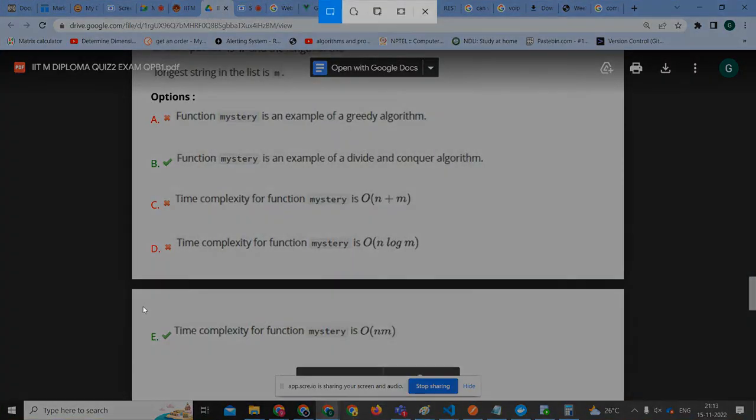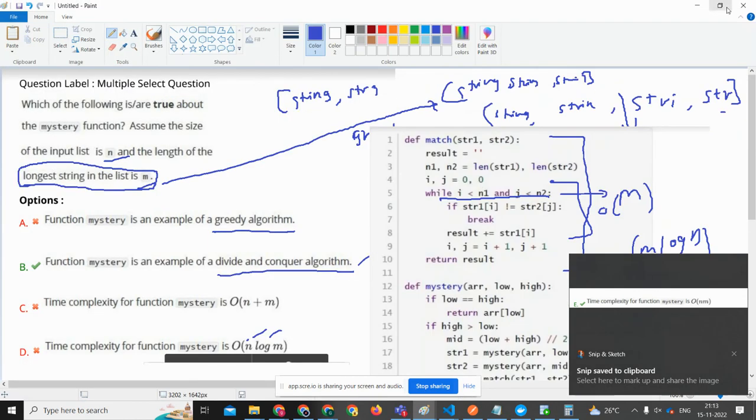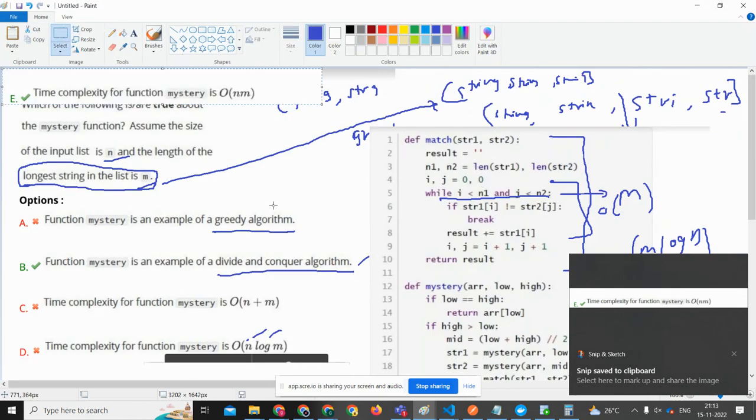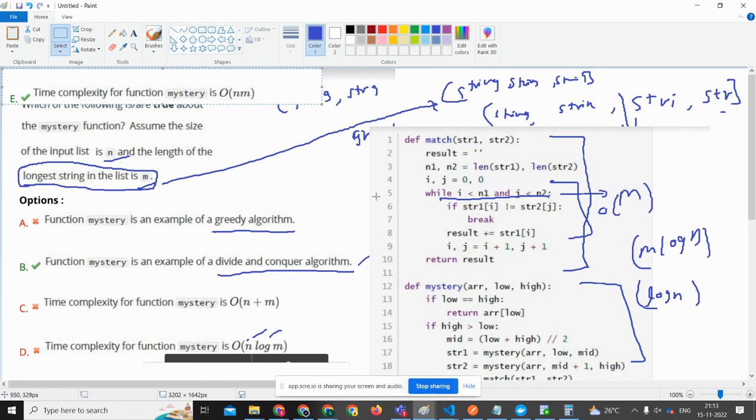Complexity for the mystery function. So it's talking about the mystery function. Why don't we discuss this tomorrow?